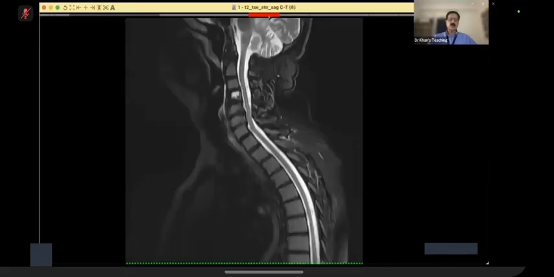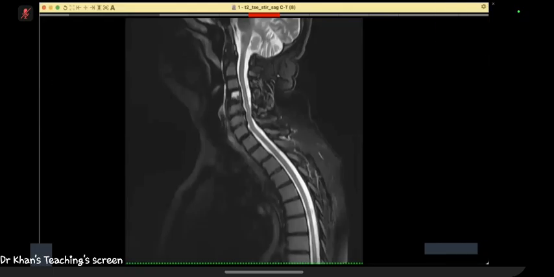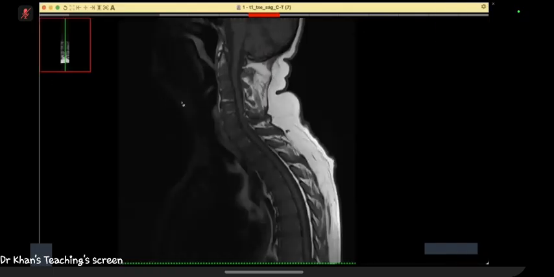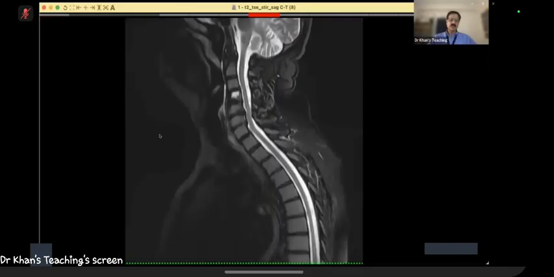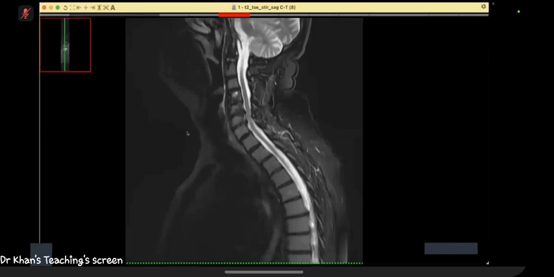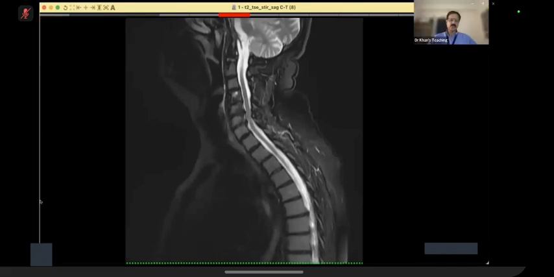And then of course on the spine, it became very obvious. Low signal in the vertebra, and the intervertebral disc is higher in signal. This was the STIR.